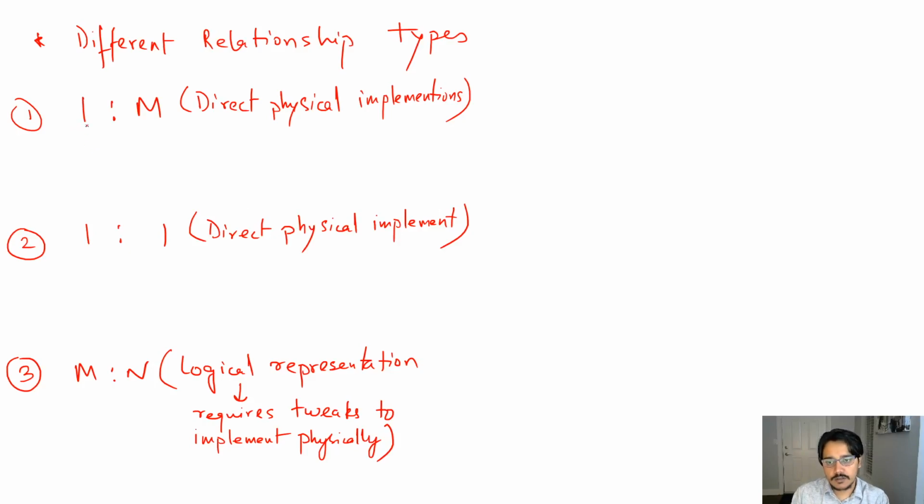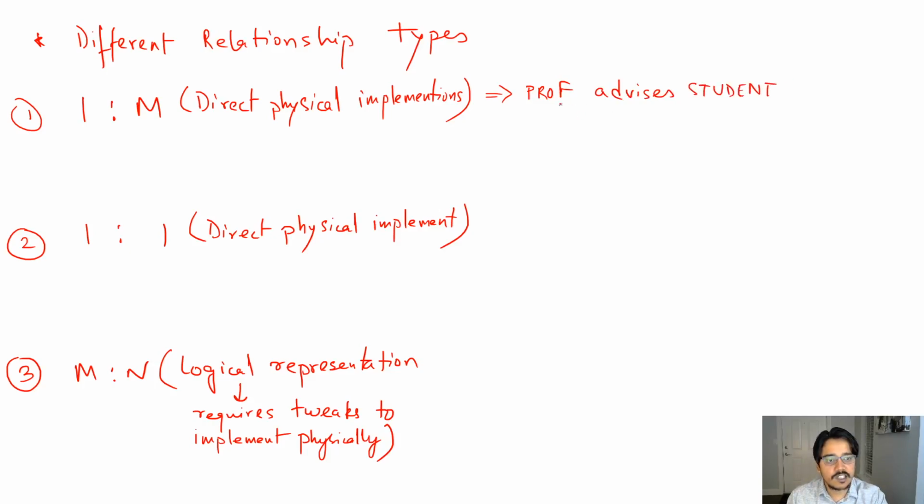One unit or one entity instance of a given entity is associated to m different entity instances of the other entity. So that example we already discussed. So here that example will be that of professor advises student.